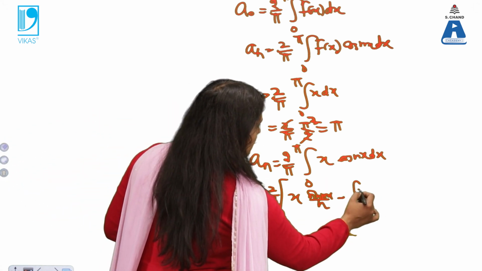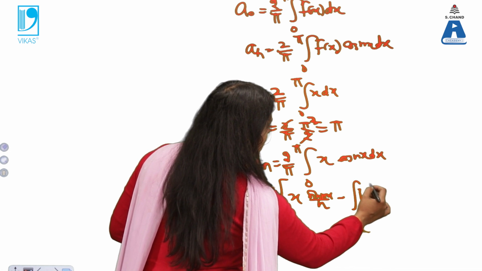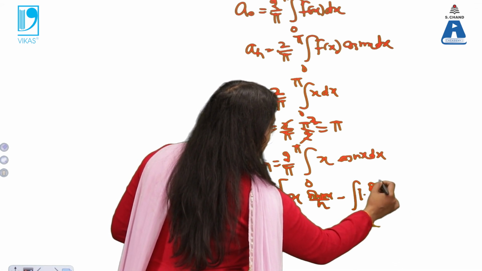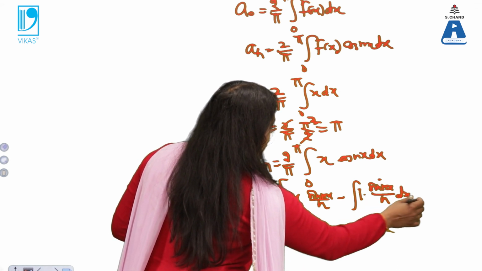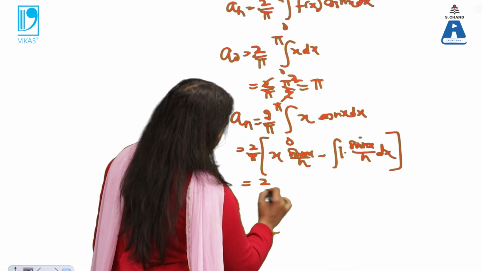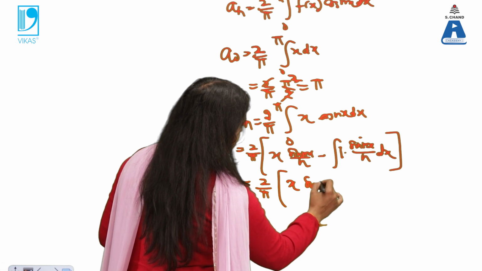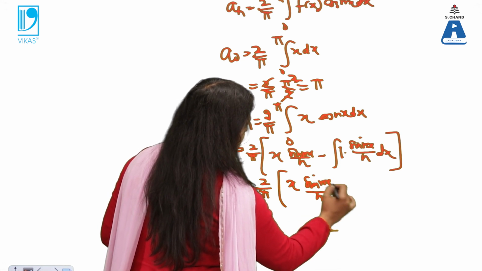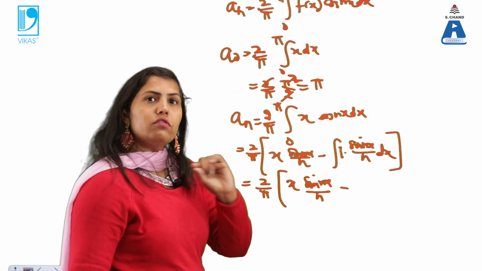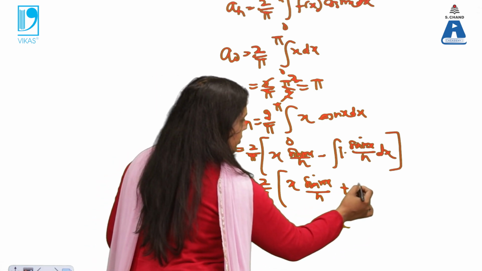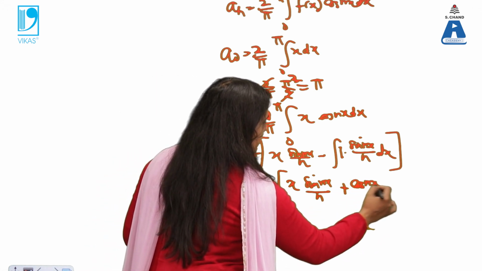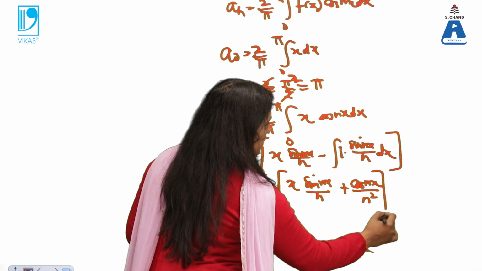So first's derivative, then cos nx integration is sin nx by n dx. So 2 by pi, and okay, one more step. The integration of sin nx is minus cos nx, so it becomes positive, and by n square, from 0 to pi.